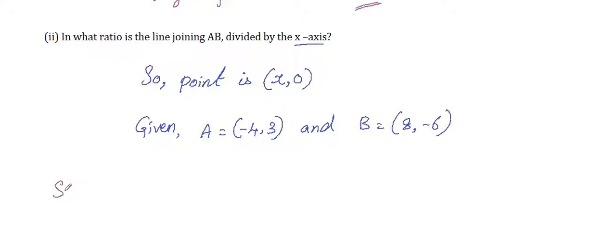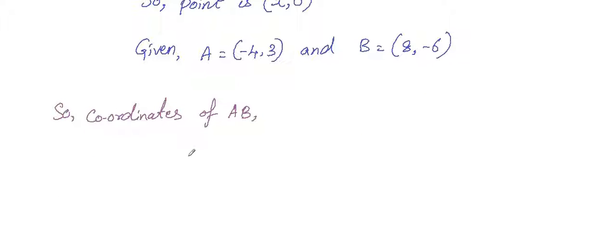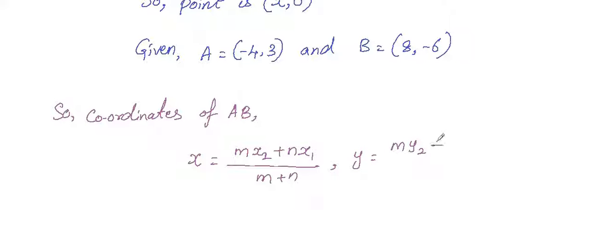Now use the formula which involves the ratio and the coordinates of A and B. So the coordinate x can be written as m into x2 plus n into x1 divided by m plus n, and y is equal to m into y2 plus n into y1 divided by m plus n.